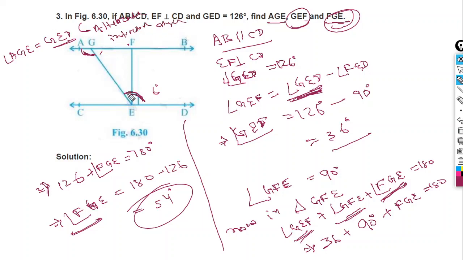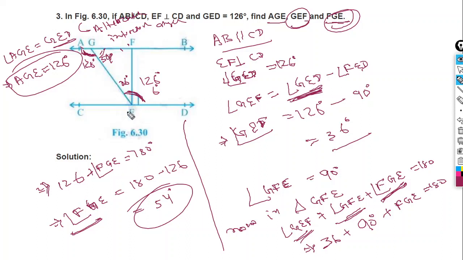Yes, they are alternate interior angles, so they must be the same. It is given to us that GED is equal to 126 degrees. Implies that AGE will also be 126 degrees. It's a direct question. So we got this 126, this angle is your 36, and this angle is your 54 degrees.